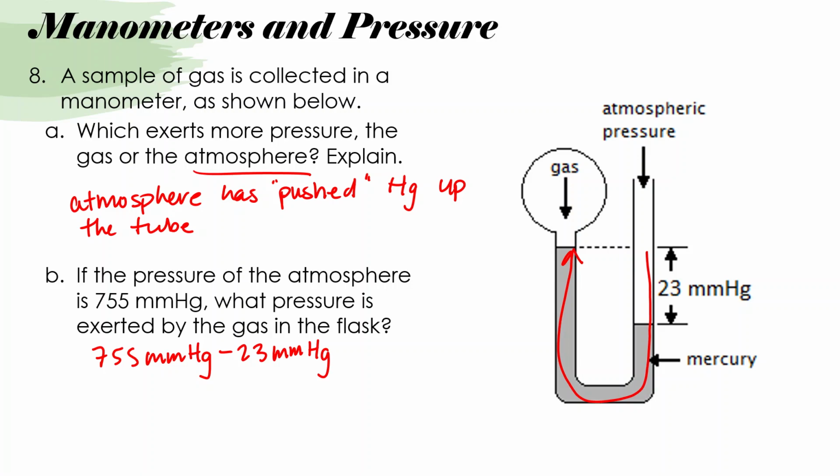So we know that it's going to be 23 millimeters less because the atmosphere is pushing harder than the gas. So this gives me 732 millimeters of mercury. That would be the pressure of the gas inside of the bulb here.